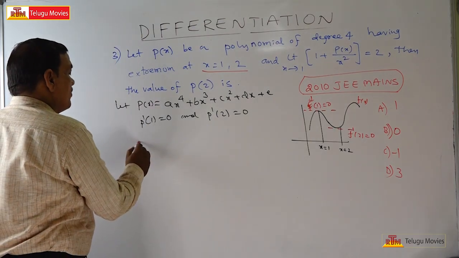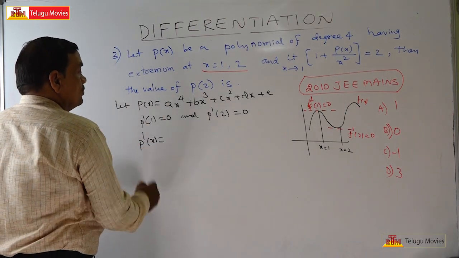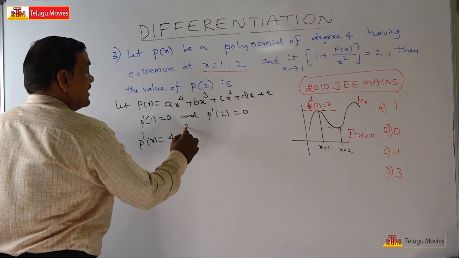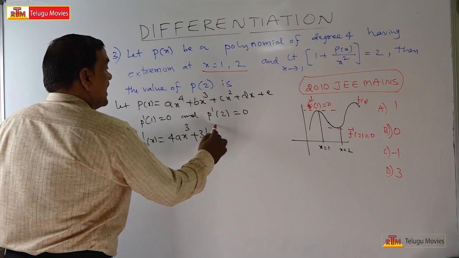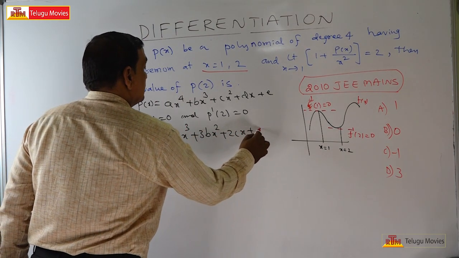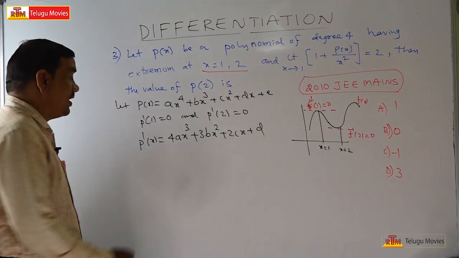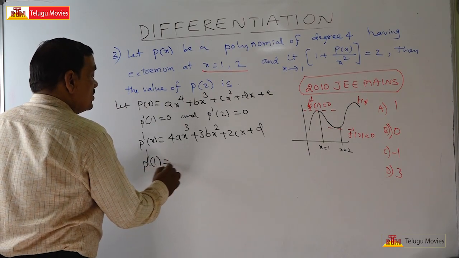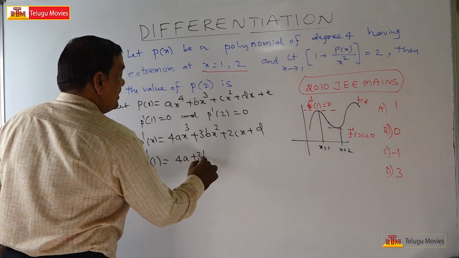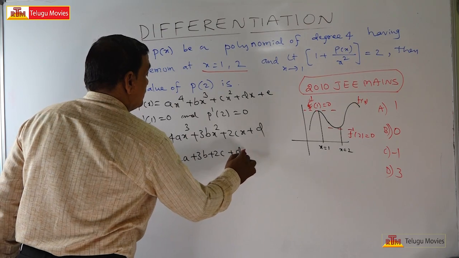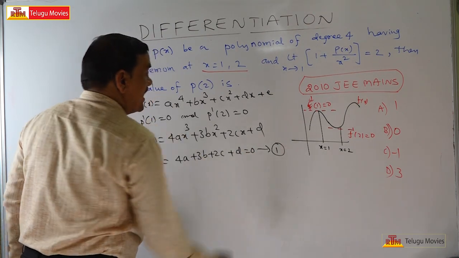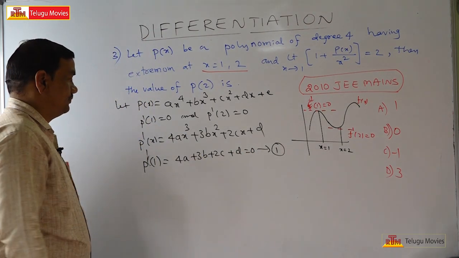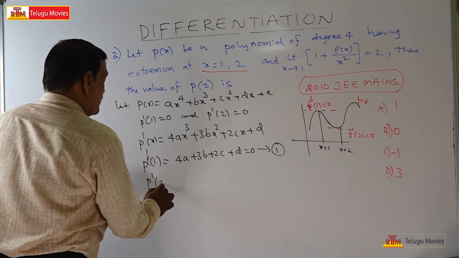Now, what is p dash of x? This is equal to 4a x cube plus 3b x square plus 2cx plus d. Now p dash of 1 means 4a plus 3b plus 2c plus d is equal to 0. Call it equation number 1. What does p dash of 2 mean?